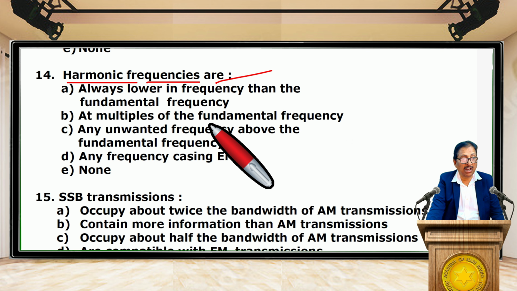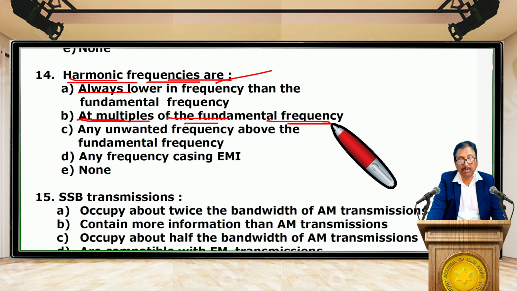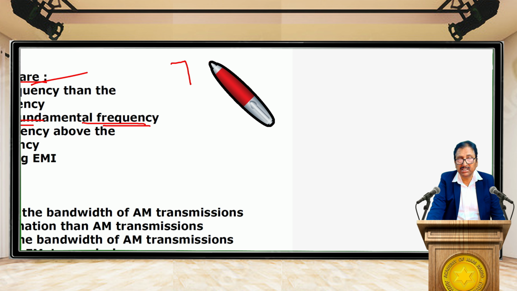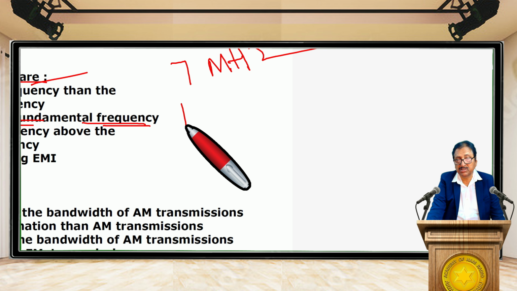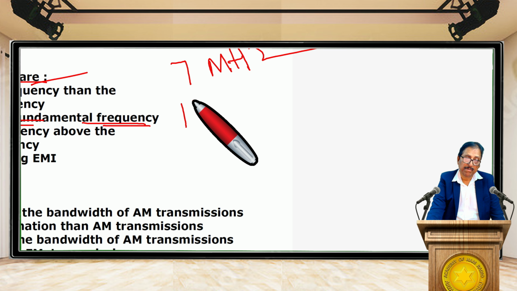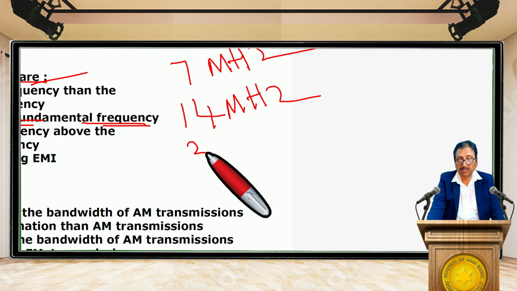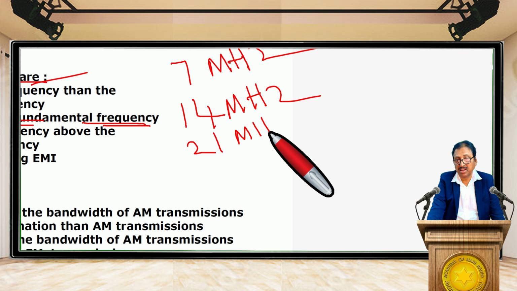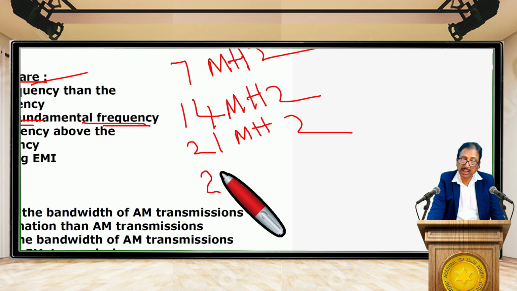Harmonic frequencies are at multiples of the fundamental frequency. If 7 megahertz is the fundamental frequency, harmonics would be 14 megahertz, that is 7 into 2, 21 megahertz, 7 into 3, and 7 into 4, 28 megahertz.